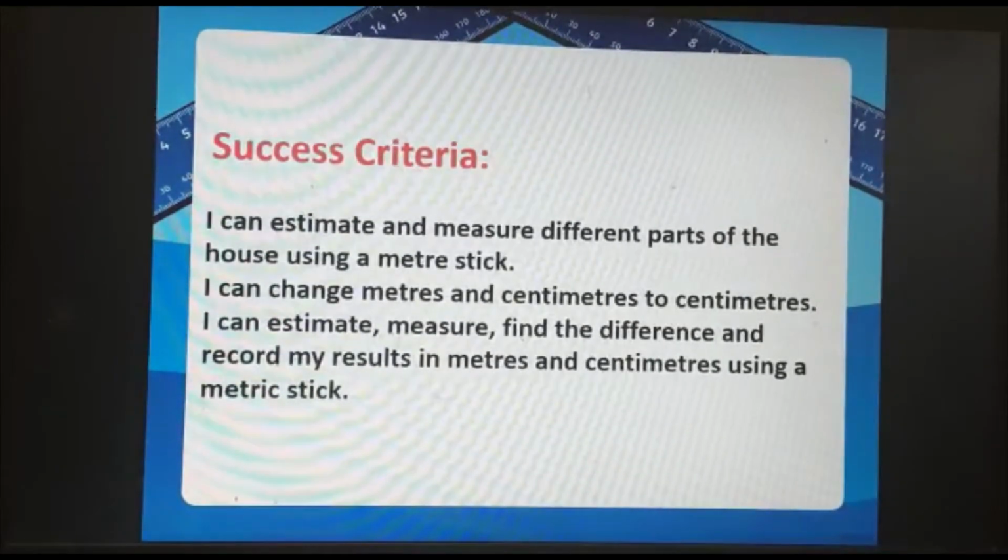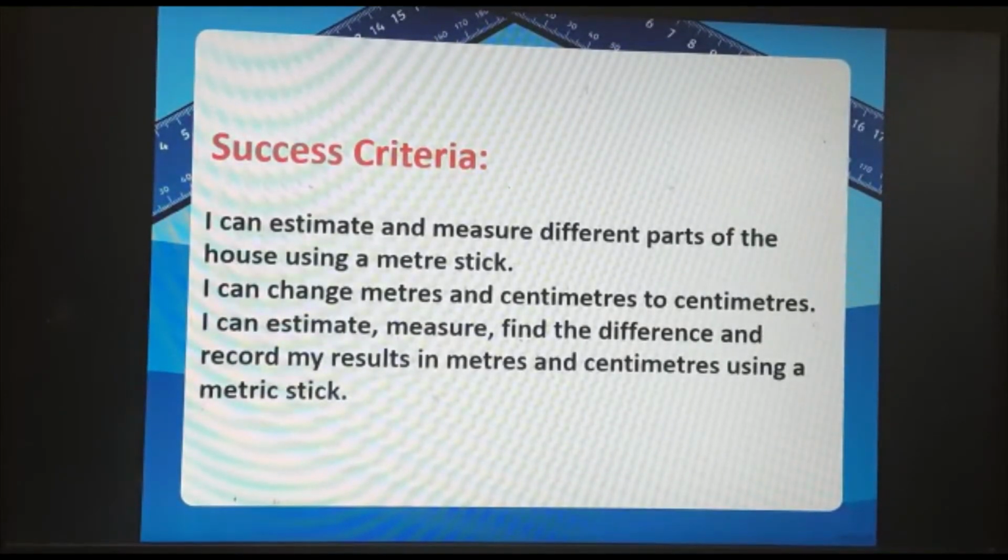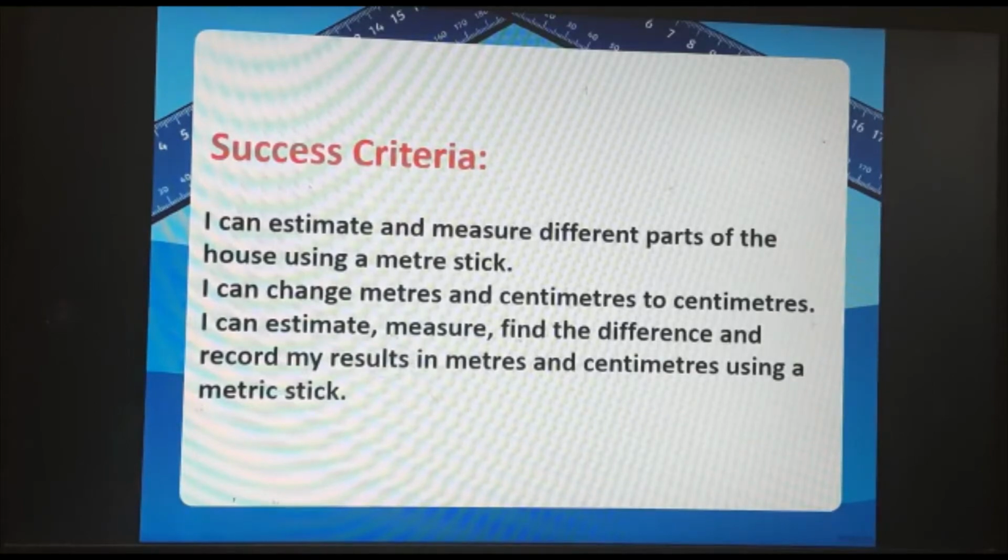As discussed earlier, success criteria is what is expected from you all by the end of the topic. I can estimate and measure different parts of the house using a meter stick. I can change meters and centimeters to centimeters. I can estimate, measure, find the difference and record my results in meters and centimeters using a metric stick.